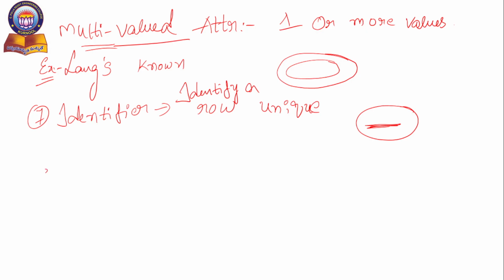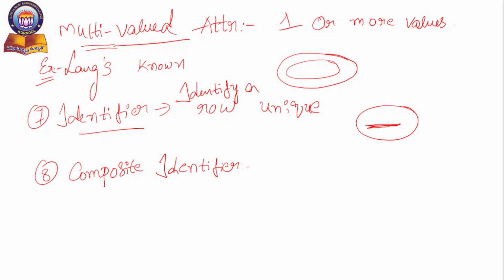Next, 8th one. Composite identifier. This was just the identifier. Next one is the composite identifier. Sometimes a primary key is composed of more than one attribute.